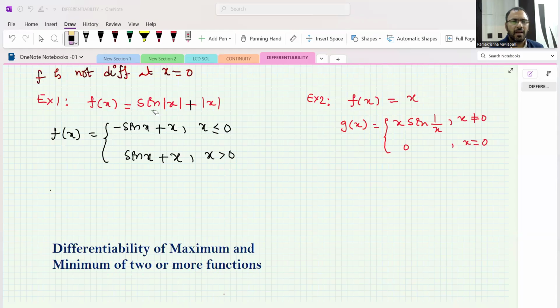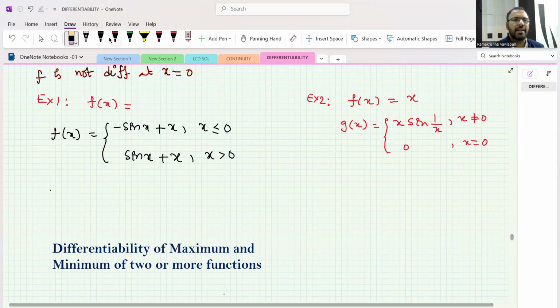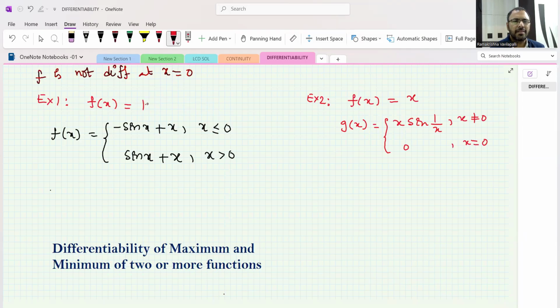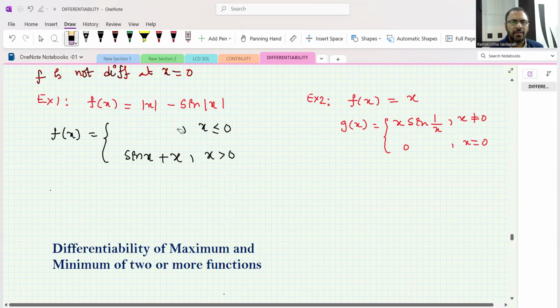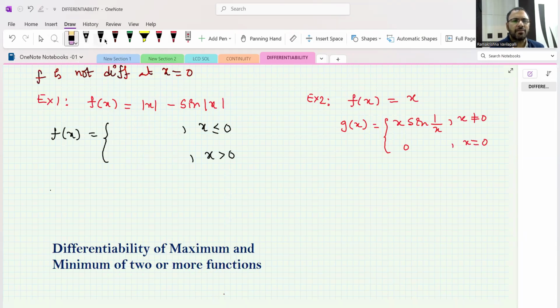Well, I will adjust this example and take mod x minus sin mod x, just in order to explain that the difference is a differentiable function, but the individual functions are not. Accordingly, for x negative, this is minus x and this becomes plus sin x. For x positive, this is x minus sin x.